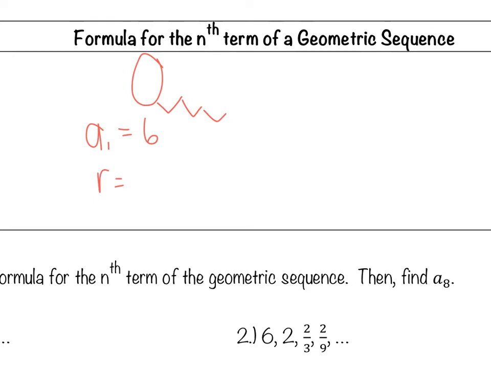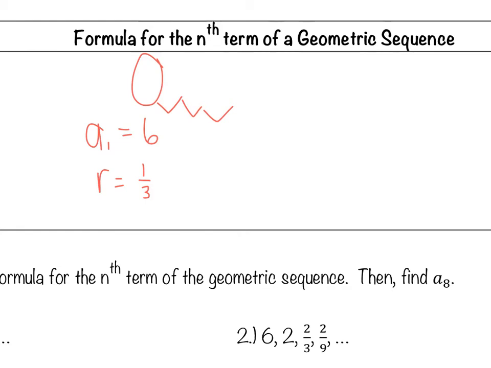So that ratio, remember, it's got to be multiplying by the same number. You can't say that the ratio is divided by 3. The way that you get divided by 3 as a ratio is multiplying by 1/3. So any time that you're dividing by the same number every time, it's going to be a fraction.